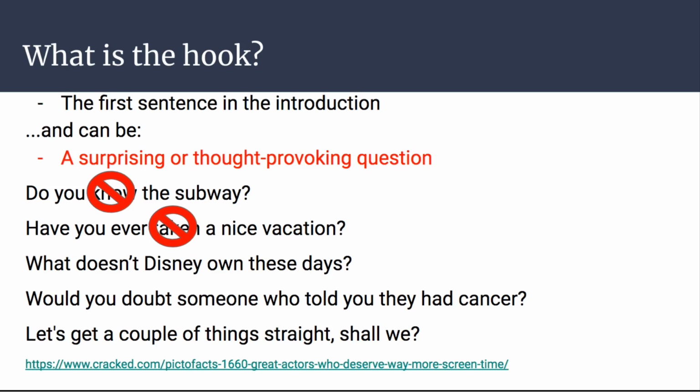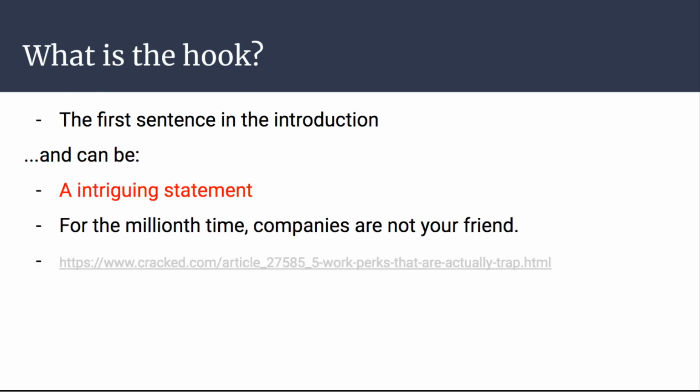So next up, let's think about intriguing statements. Statements that make you want to know more. Again, most of these examples are from Cracked. "For the millionth time, companies are not your friend." Firstly, we're starting with some exaggeration, the millionth time.